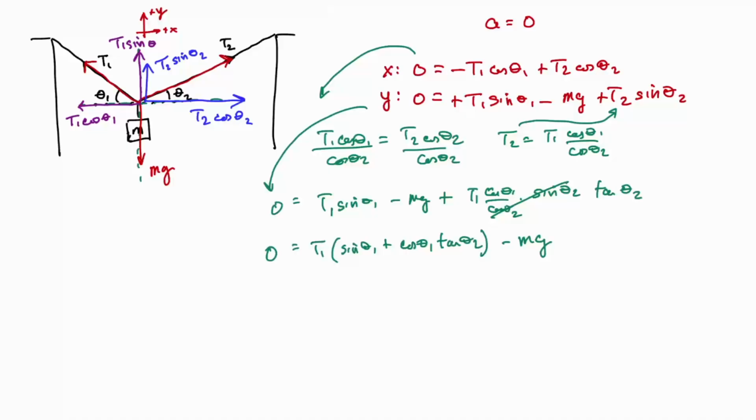So to solve for T1, move the mg over. If I move the mg over, it becomes positive, doesn't it? And then I've got mg equals the rest of this stuff. And how do I get T1 by itself? Divide by the thing that's attached to it. Oh boy. Sine theta 1 plus cosine theta 1 tangent theta 2.